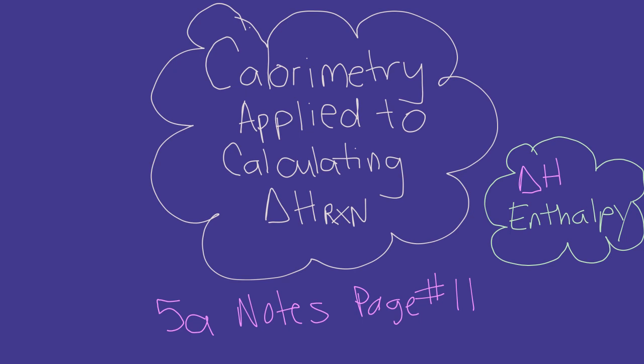This one is going to be focused on how do we unite calorimetry, that heat exchange, to solve for delta H of a reaction. So not just to use tables, but to use experimental data in order to be able to solve for delta H of a reaction. So how much heat is exchanged per 1 mole of reaction.